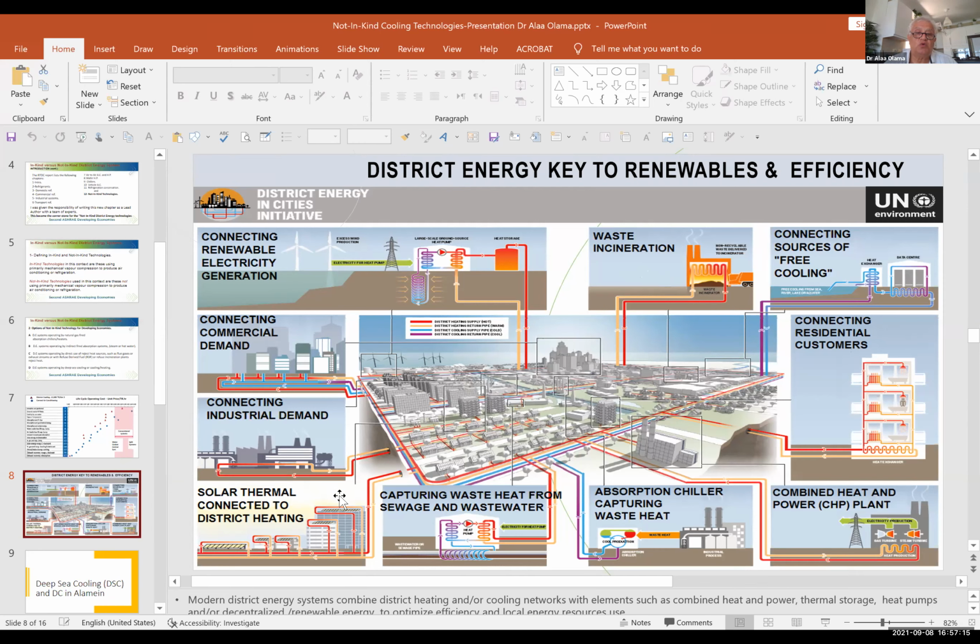And you'll also get some solar cooling connected to the district heating system. And you are capturing heat from sewage and waste heat, or you are using absorption chillers from waste heat to produce cooling. And you combine all that to get the cooling and heating demand for this particular place.